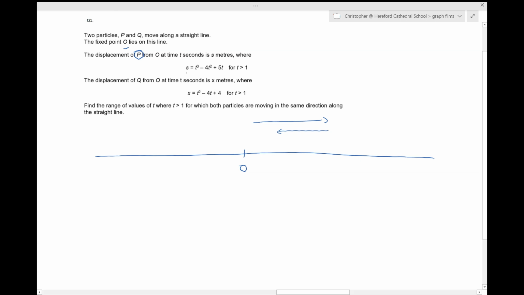How do I know whether it's moving away from O or towards O? Well, this S tells me the distance of P from O at any given time. So if the distance is increasing, then P is moving away from O, and if the distance is decreasing, P is moving towards O. So I'm going to differentiate the distance of P from O with respect to t.